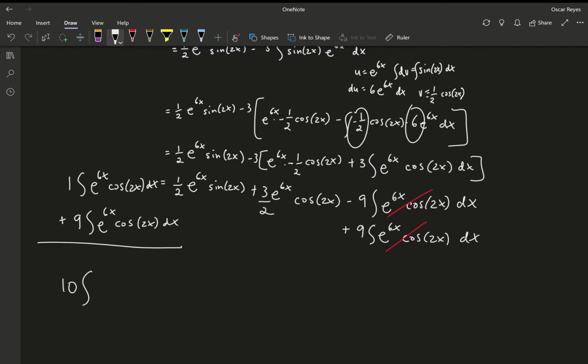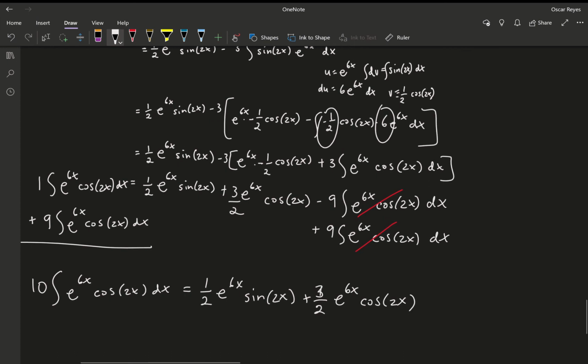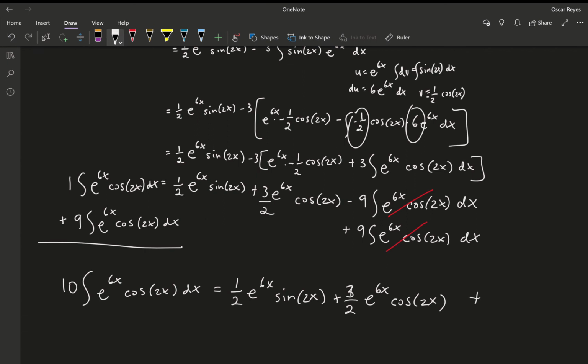10 integral of e to the 6x cosine of 2x dx is equal to, and now we're going to rewrite all that stuff. So we're going to have 1/2 e to the 6x sine of 2x plus 3/2 e to the 6x cosine of 2x, plus some type of constant, right?